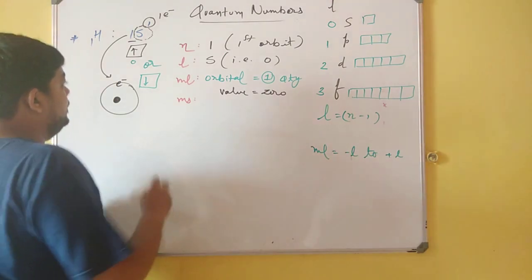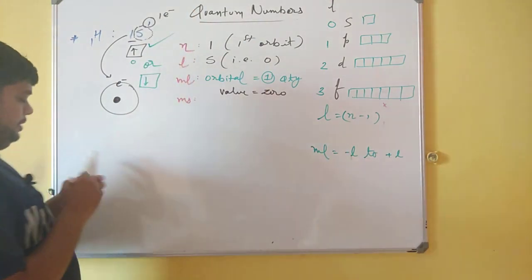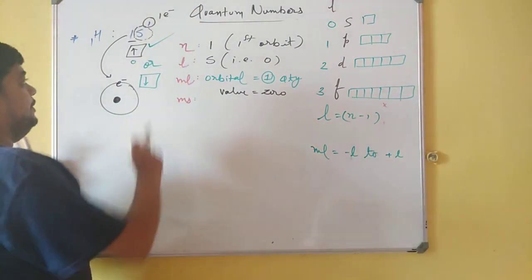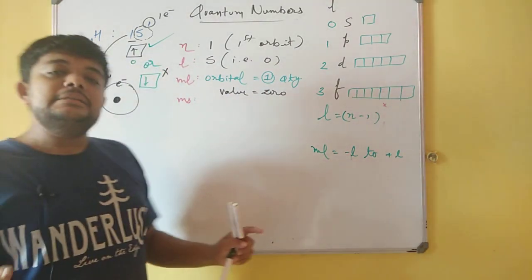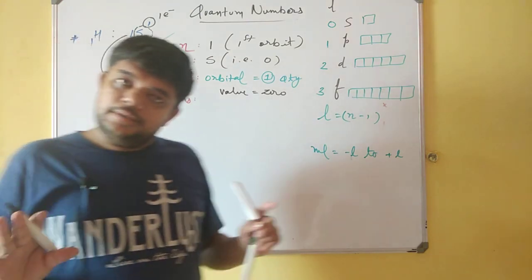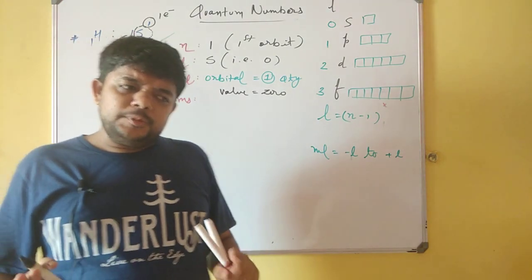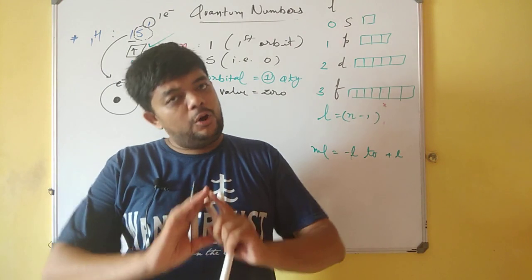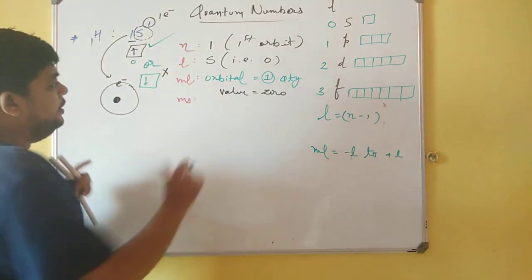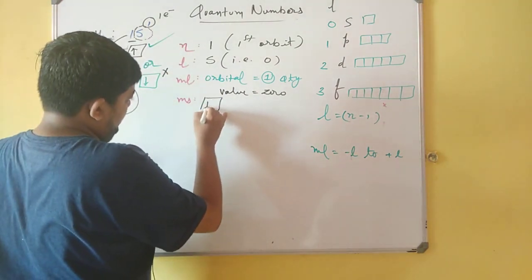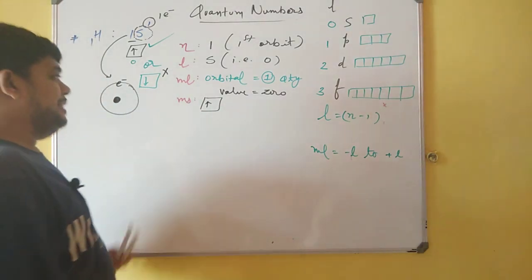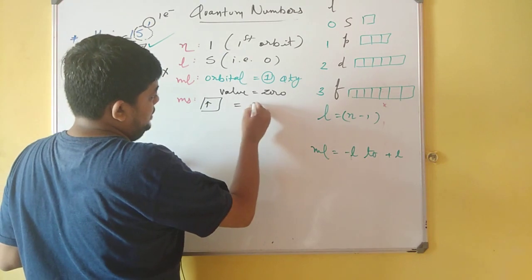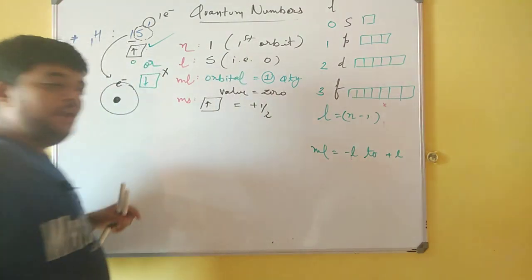And if so, the first electron with the clockwise spin, we will consider this and not this. I have very clearly stated nowhere it is written, but to keep uniqueness for all of us, we will always mention the first electron as clockwise and the second as anti-clockwise, and therefore its value will be plus 1/2.